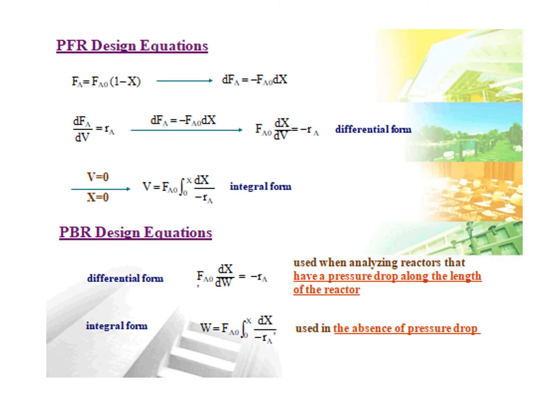When we find the integral form of this PFR design equation, it is V equals FA0 integral from 0 to X of dX upon minus RA. This is the integral form of the PFR design equation.